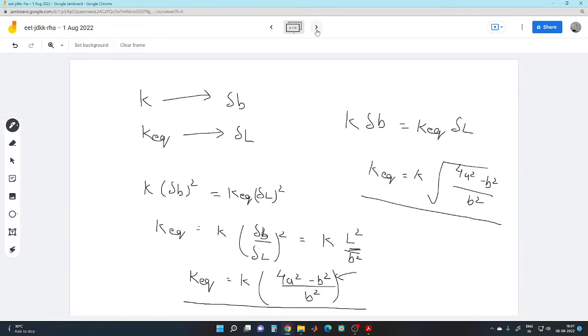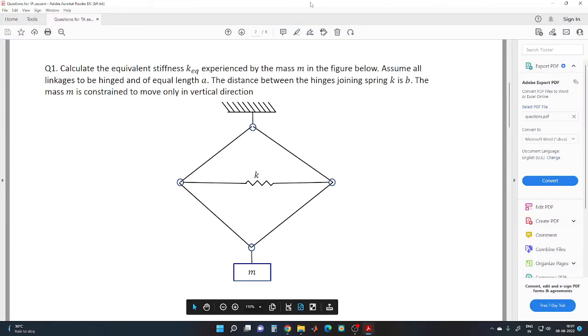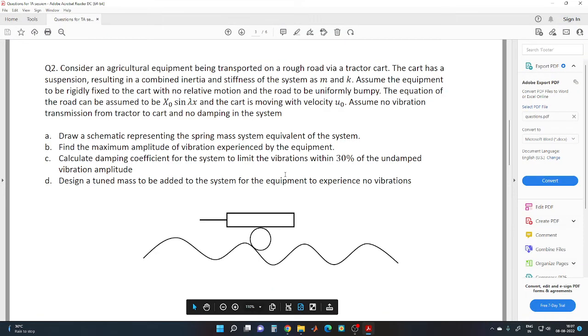In the second question, what was given is a cart being pulled by a tractor, and the base is bumpy, more like a rural road type of system. We wanted to analyze that.